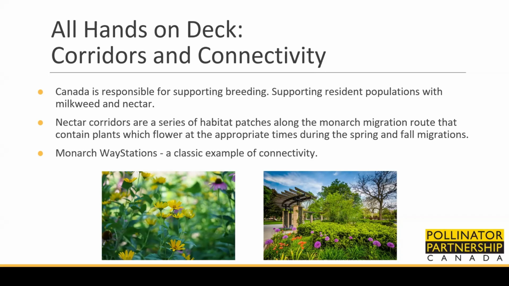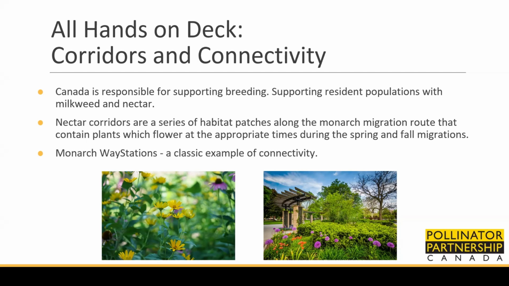Nectar corridors are a series of habitat patches along the monarch migration route that contain plants which flower at the appropriate times during the spring and fall migrations. These patches provide stopping off points for the migrating butterflies to refuel and continue their journey.